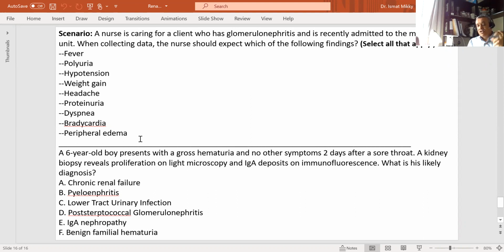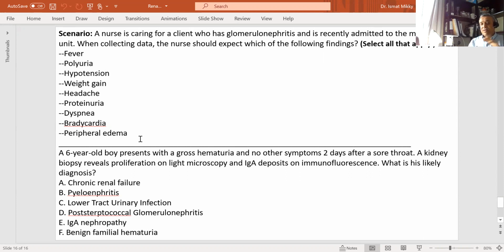If the child develops AGN 10 days to 2 weeks after the pharyngitis, that is post-streptococcal AGN. But if it takes only 2-3 days after the pharyngitis before they have hematuria and renal problems, that is IgA nephropathy, Berger disease.